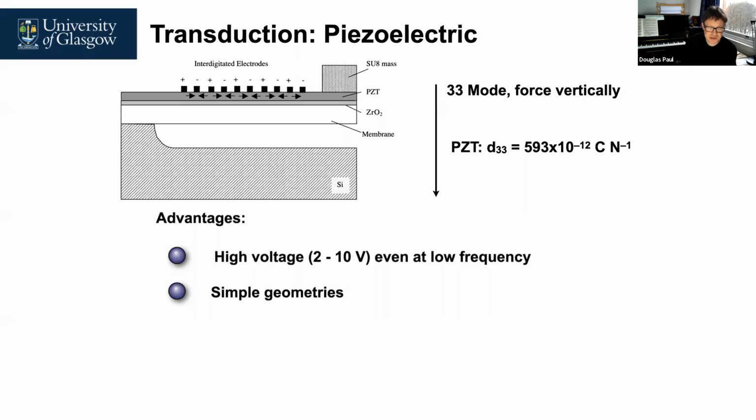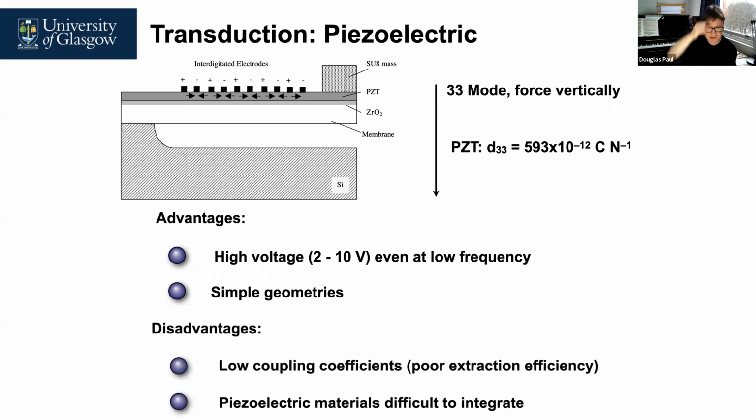So the advantage is that, even at very low frequencies, where some of the other systems don't work, piezoelectrics are much more efficient at electricity conversion, particularly at the lower frequencies where electromagnetic and electrostatic don't work very well. It works with very simple geometries compared to some of the other systems.